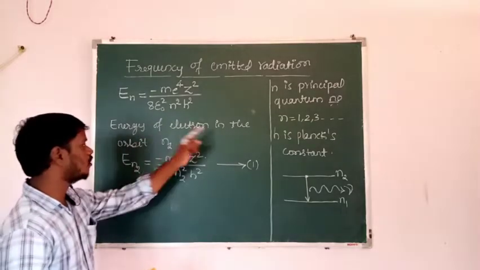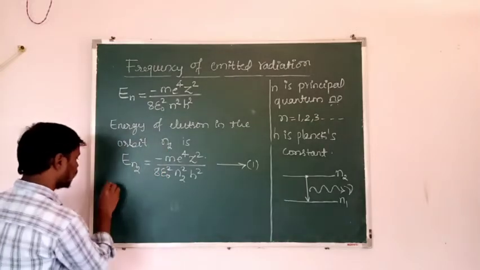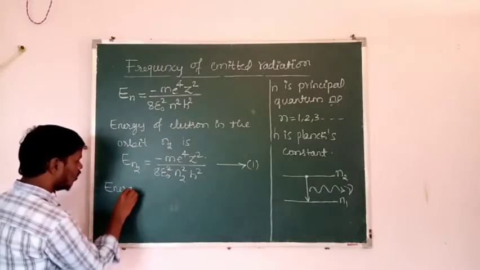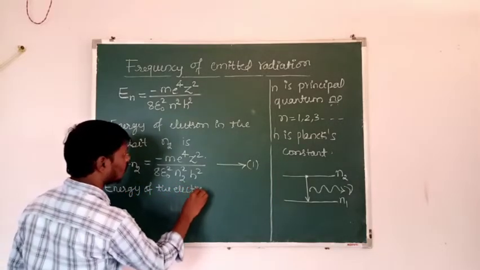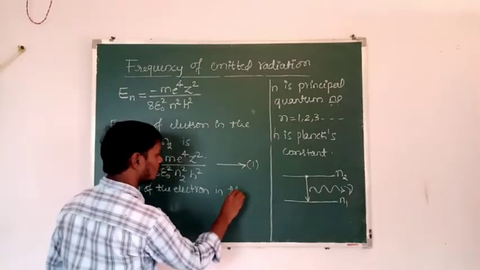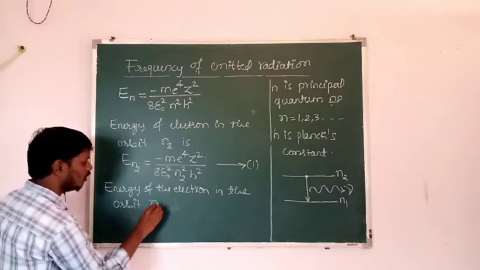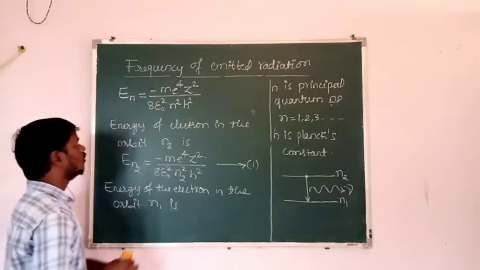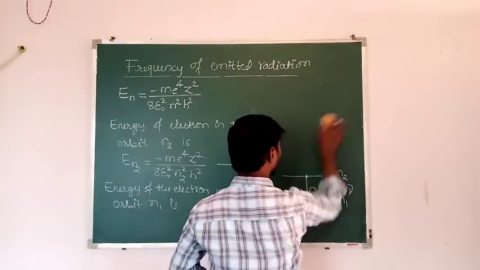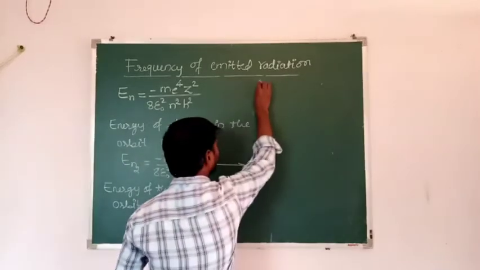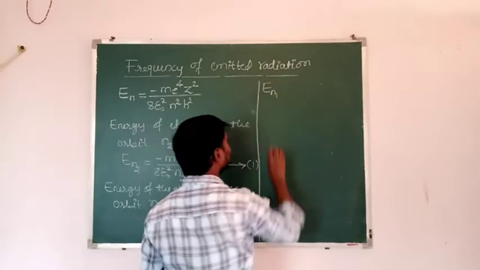Then what is the energy of the electron in the orbit N1, the orbit of principal quantum number n1? By using the same formula, En1, wherever n is there, put n1.